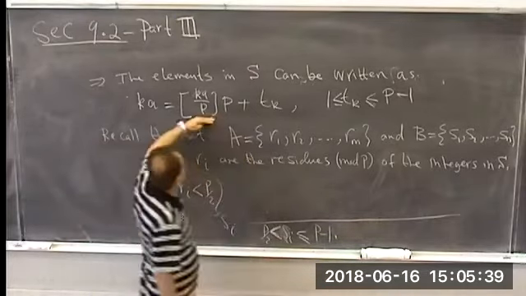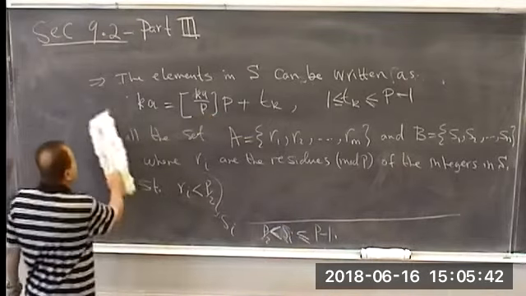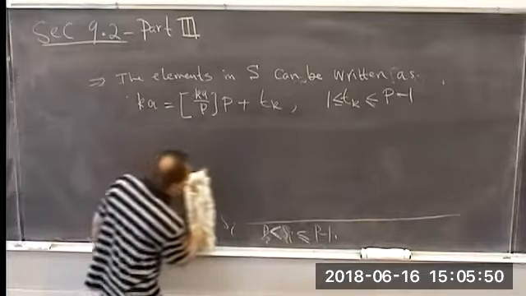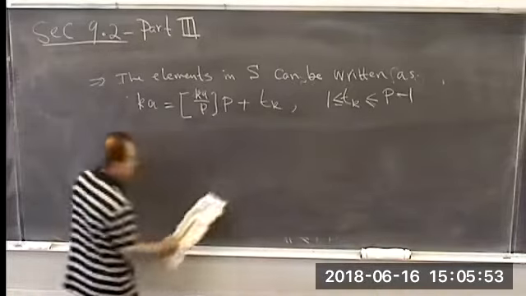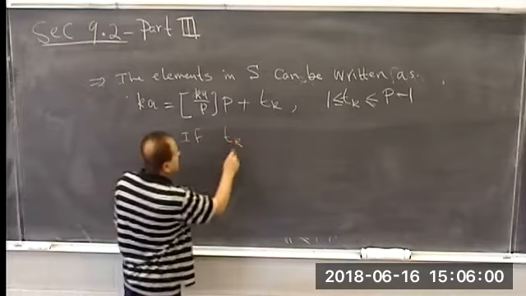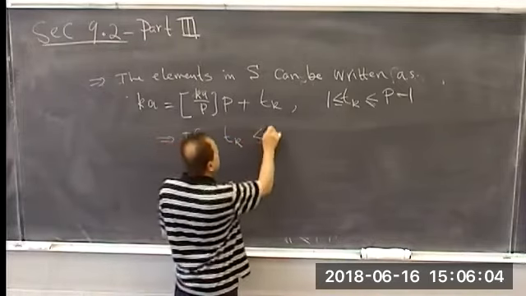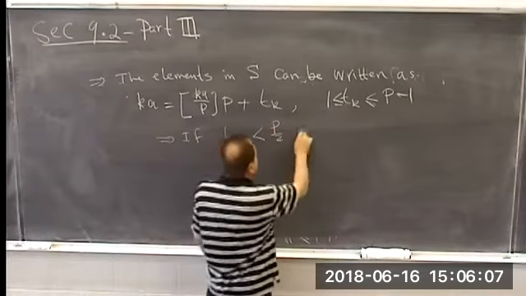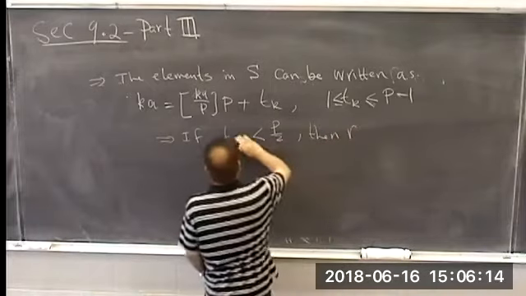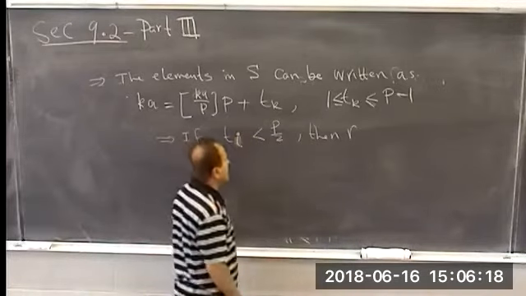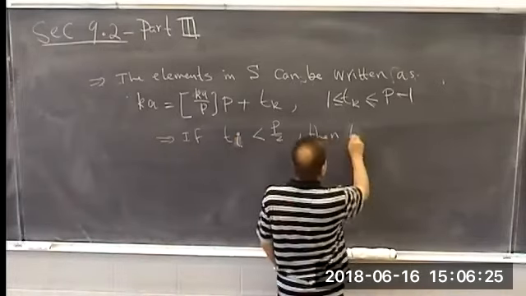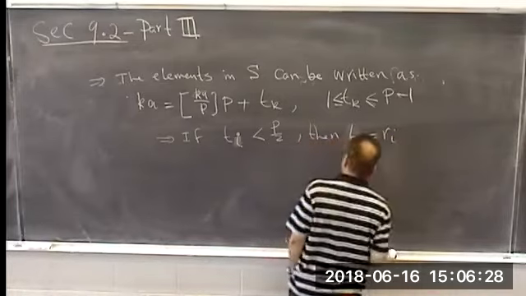Now, in other words, with this formulation, using the T: if T sub k is less than p over 2, then T sub i is going to be equal to R sub i.